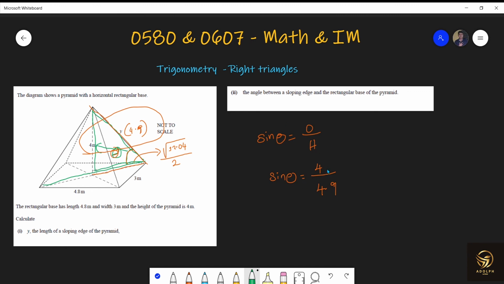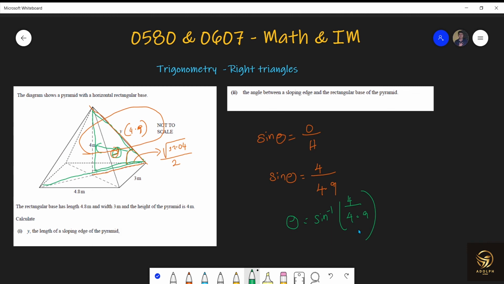So sine theta equals 4 divided by 4.9. At last I will get the value of theta. So how to do it? Sine will go to the other side, so theta is sine inverse of 4 divided by 4.9. This is the calculation I have to do.